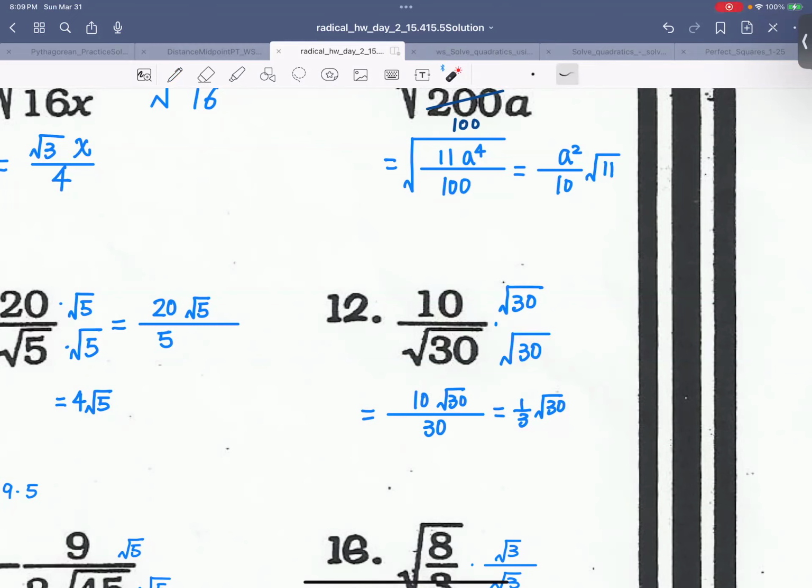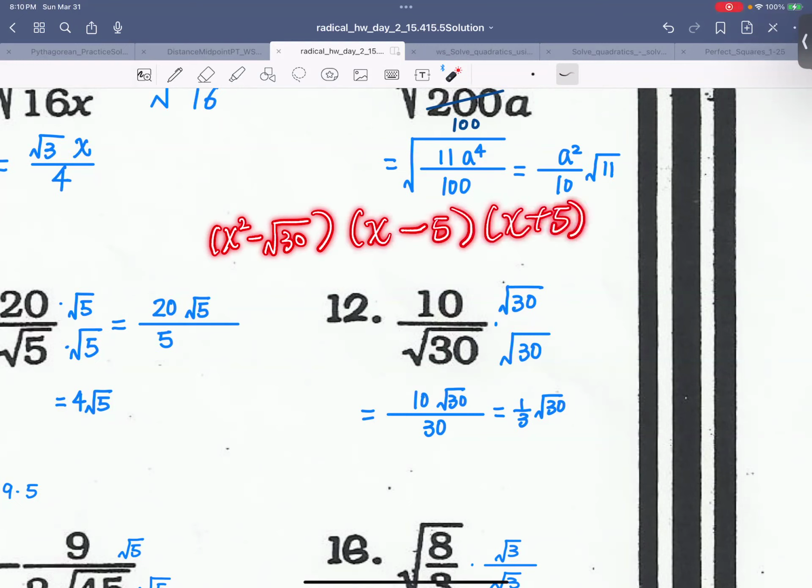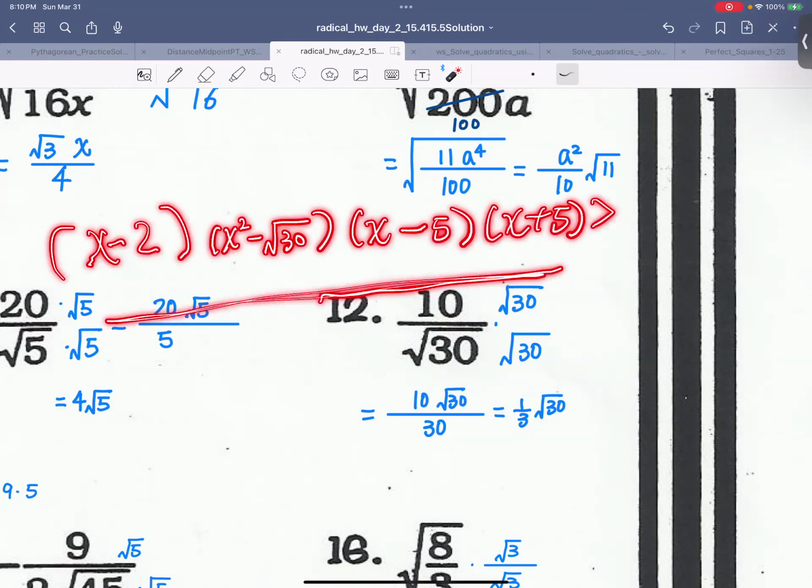What's the reason I ask you to remember those perfect square numbers for so many numbers? Because when you do Algebra 2, you will learn something very hard, like solving those. For example, give you something like x squared minus square root of 30, and x minus 5, x plus 5, like 10 terms product, okay? And then they ask you to solve this inequality.